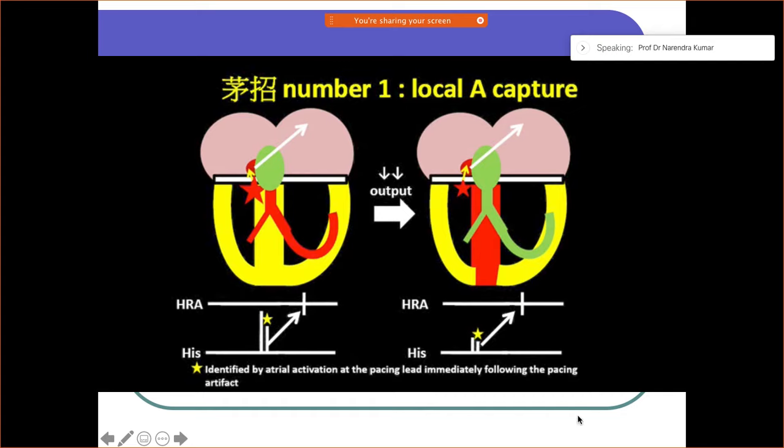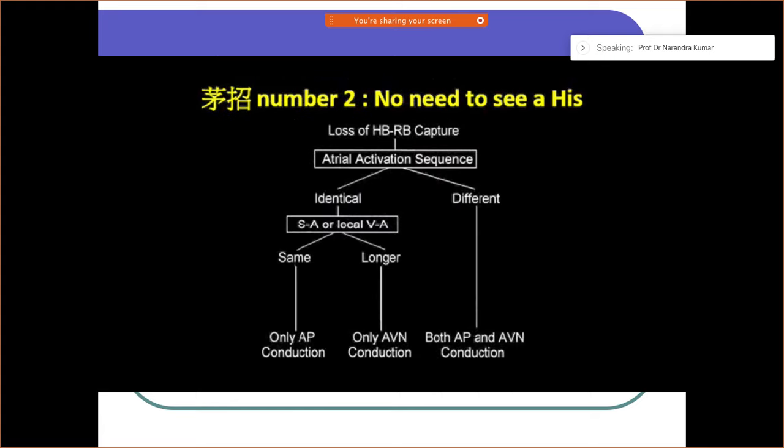So that's what we will try to show you in some examples. This is the first example, in which there is local atrial capture only. Then in this one, there is loss of His bundle to right bundle capture.